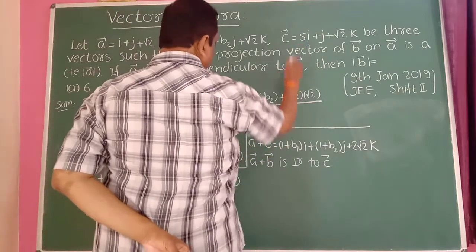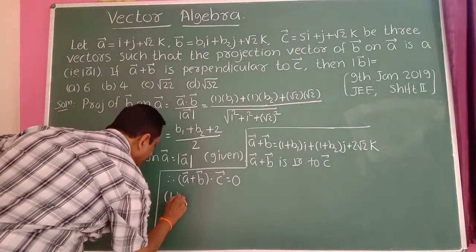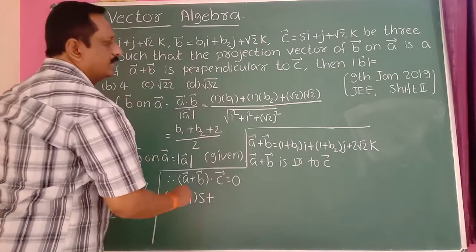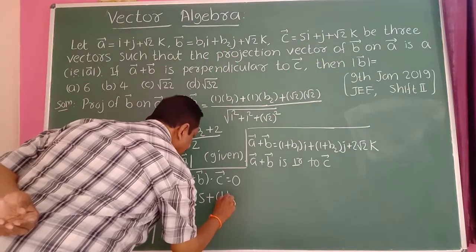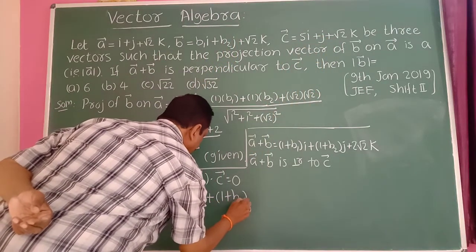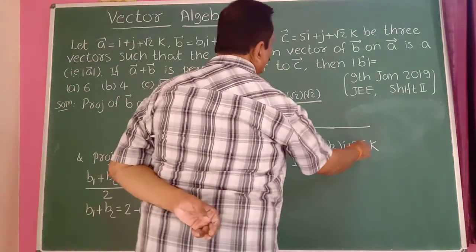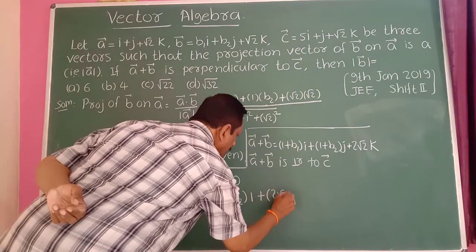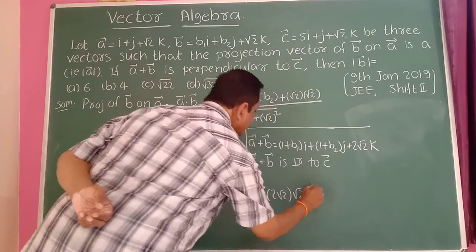So 1 plus b1 into 5, plus 1 plus b2 into 1, then plus 2 root 2 into root 2. That is equal to 0.